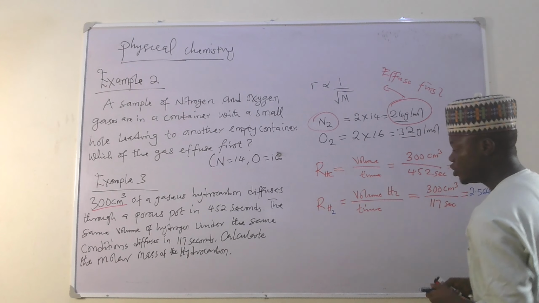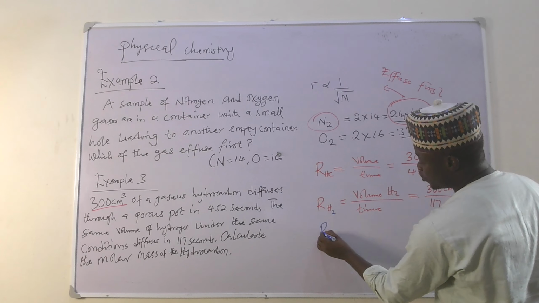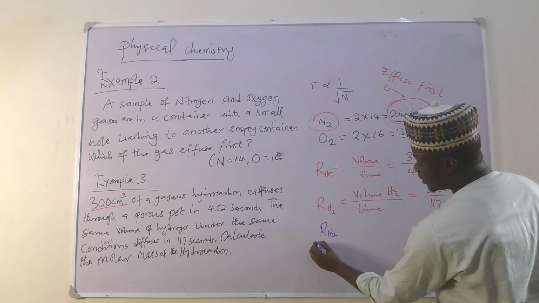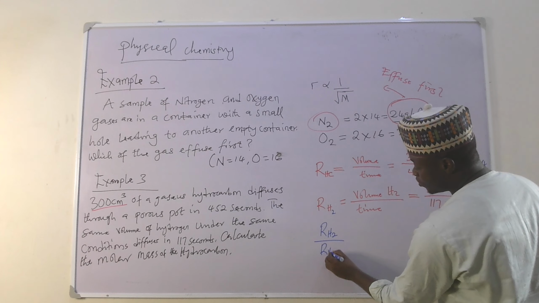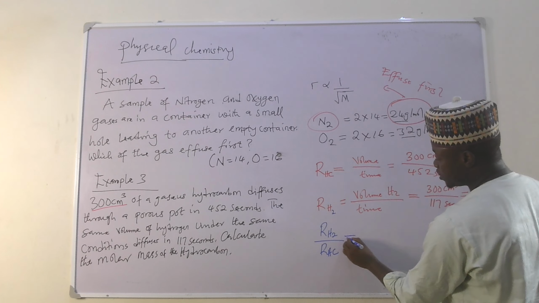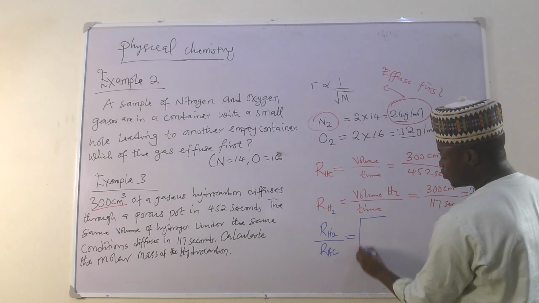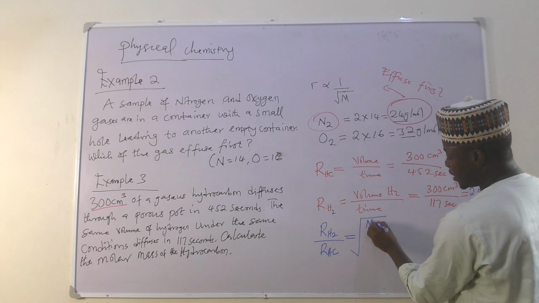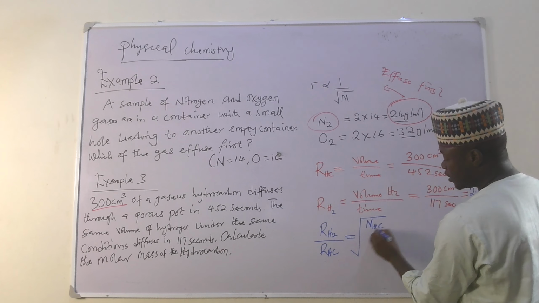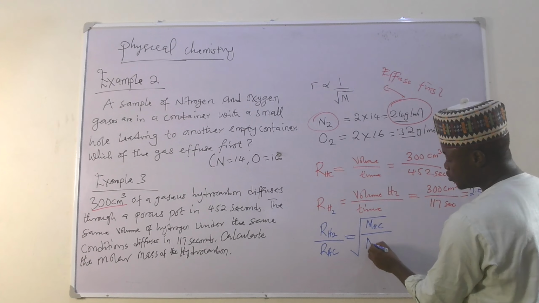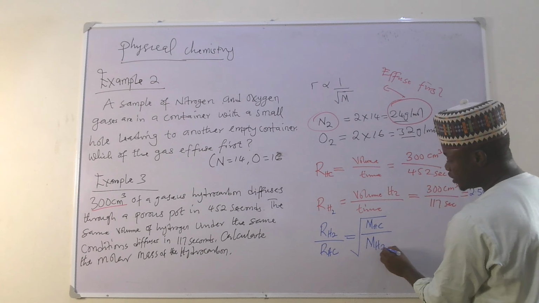Since we already have the rates of diffusion, the next thing is to calculate the molar mass of the hydrocarbon. So we are going to say the rate of diffusion of hydrogen gas divided by the rate of diffusion of hydrocarbon is equal to the square root of the molecular mass of hydrocarbon divided by the molecular mass of hydrogen gas.